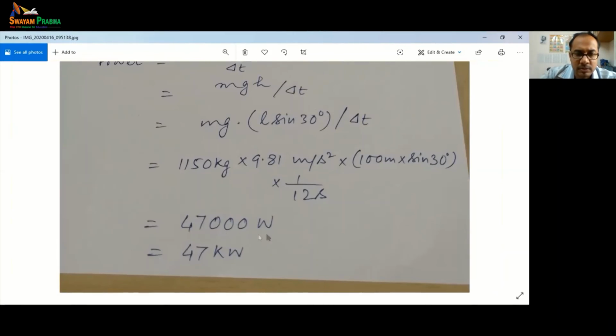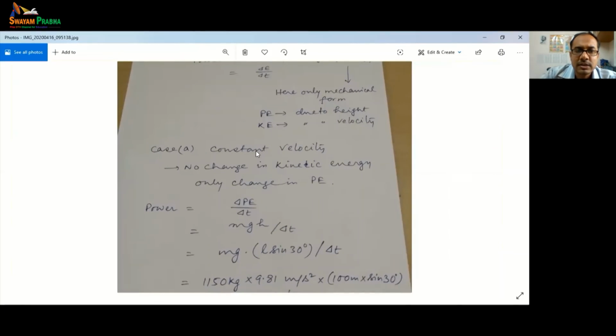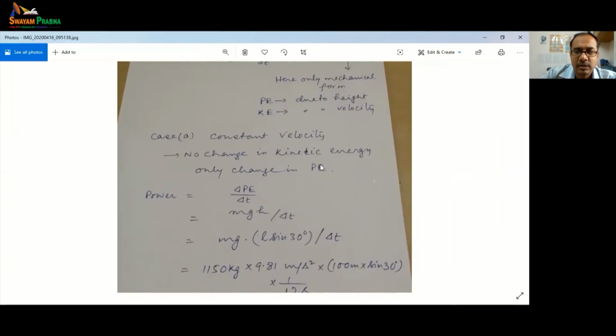This is 47,000 watts, and in a more manageable form you can write 47 kilowatts. So this is the case where there is no change in velocity, only a change in potential energy. That's case 1.